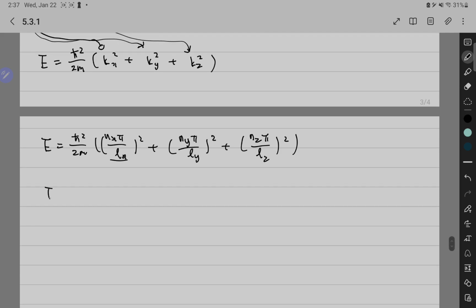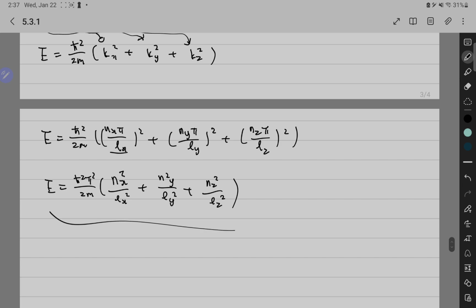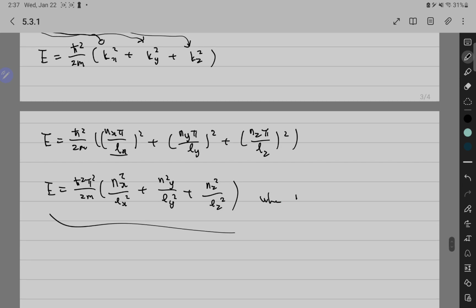So we can take all the pi out of the equation, and we just get the formula h bar squared pi squared over 2m times nx squared over lx squared plus ny squared over ly squared plus nz squared over lz squared. So this is what we have for the energy, where nx, ny, and nz are positive integers.